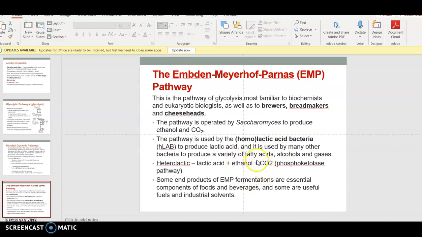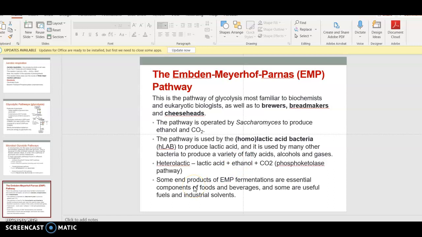The formation of these components usually uses another kind of pathway, not the EMP pathway anymore, which is the phosphoketolase pathway. Some other bacteria can also produce other acids, fatty acids, alcohol, and gases. This one we usually call the mixed acid fermentative bacteria.